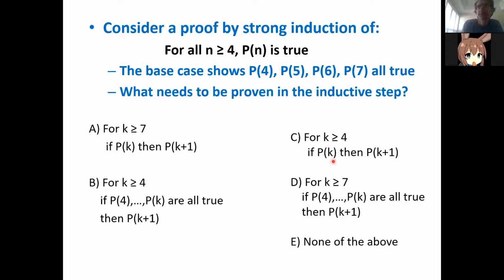But this is the one that you should be doing because out of all these, this one can only be easiest to argue. In particular, this one is implied by all these, but not vice versa, right? This doesn't imply this. It only shows for k starting from 7. Who knows whether this implication holds for k equal 4, 5, and 6?